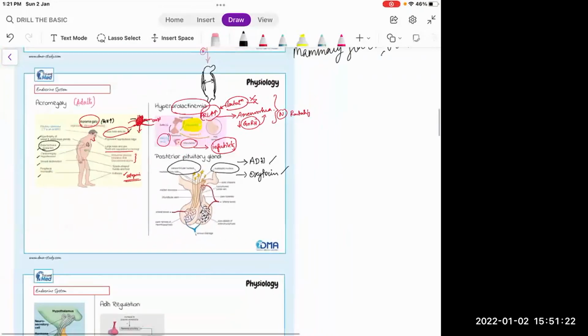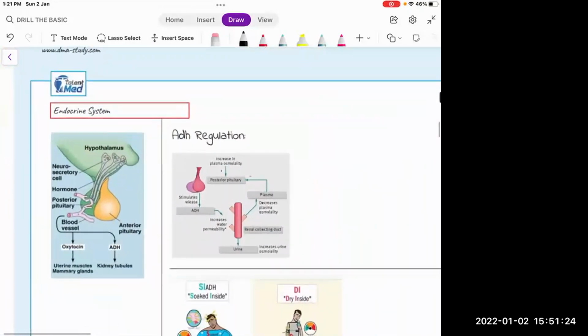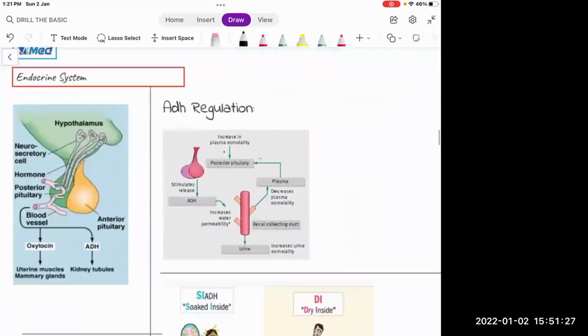Okay, so ADH has its main role in two mechanisms. One is, it is also called vasopressor, in the sense that it has a role in the contraction of the blood vessels, which is required for the maintenance of blood pressure.